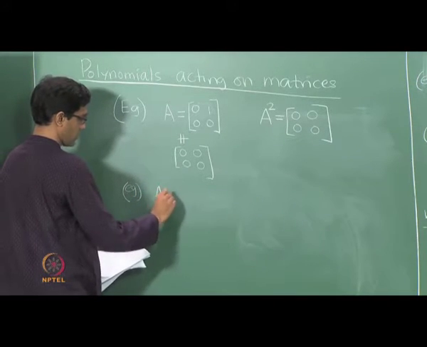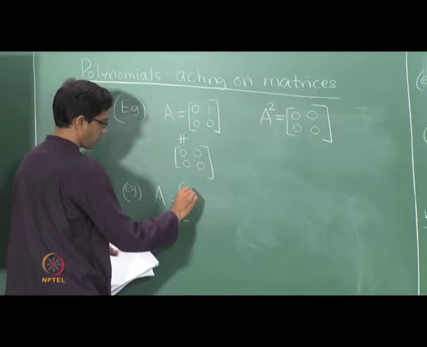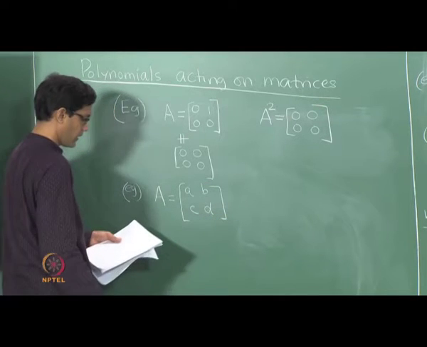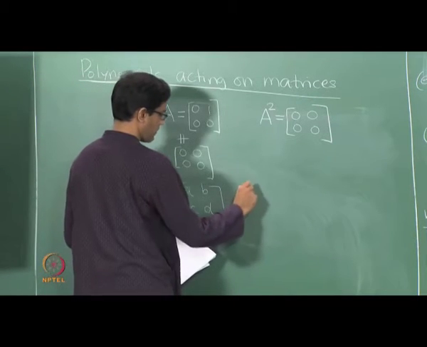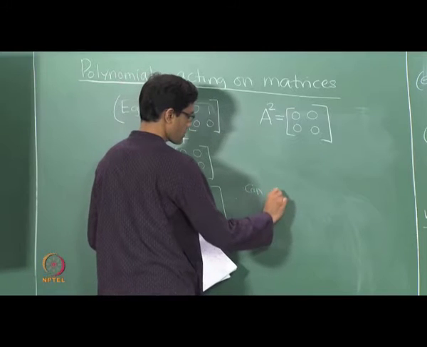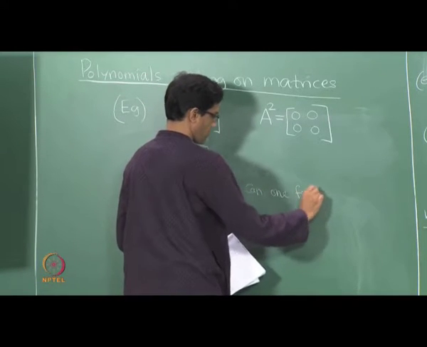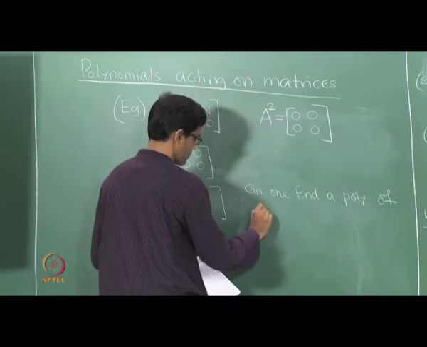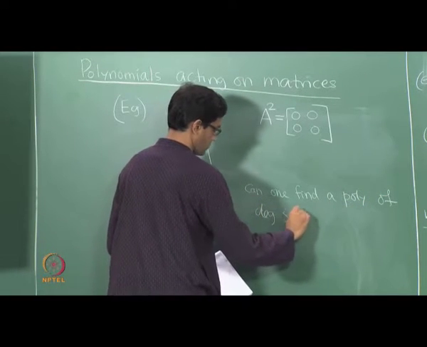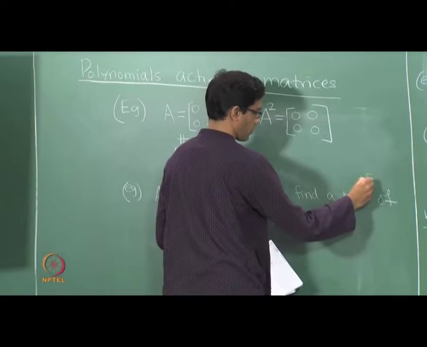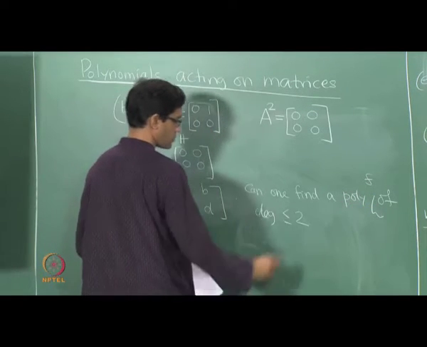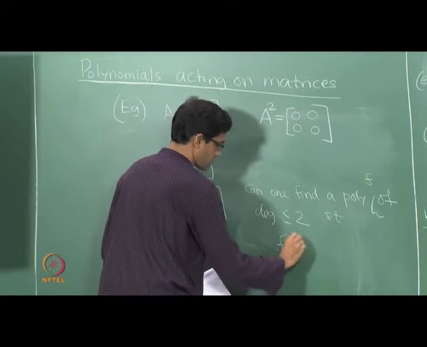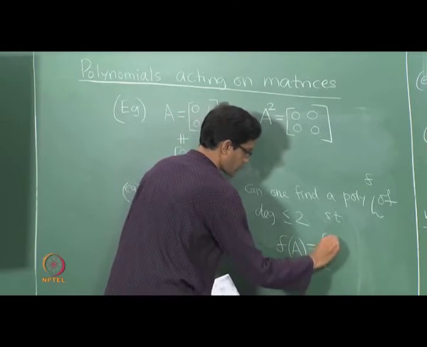So I will take an arbitrary matrix of size 2, A, B, C, D, and ask the following question: can we find a polynomial f of degree at most 2 such that f applied to this matrix would give you the 0 matrix?